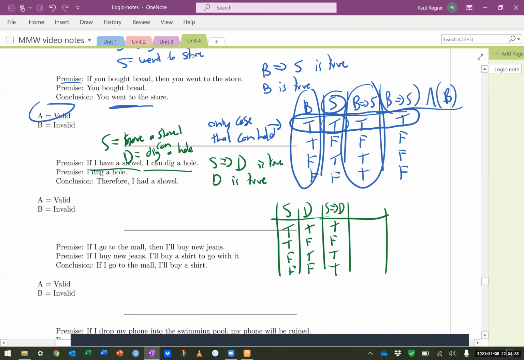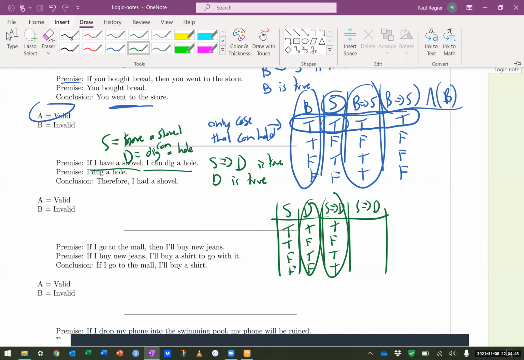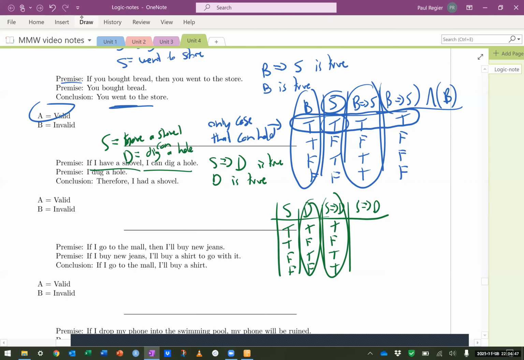Okay, so we know S implies D is true and D is true. So where is S implies D true, and D, where are both these true?